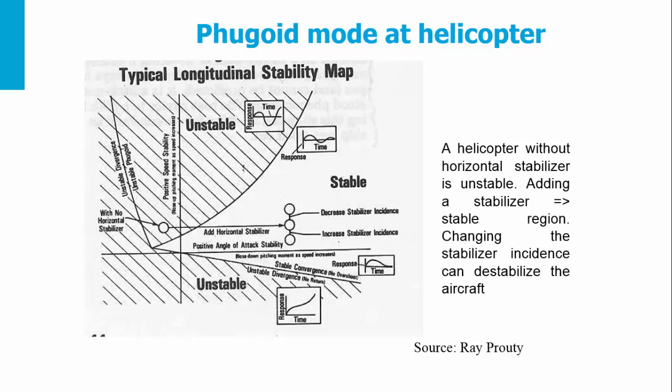Changing the stabilizer incidence can increase or decrease the stability of the aircraft. So it will move up if you decrease the stabilizer incidence, and move down if you increase it. Therefore, we have to deal with this phugoid mode in a helicopter, especially for the hovering, which is unstable, and try to make the aircraft stable.